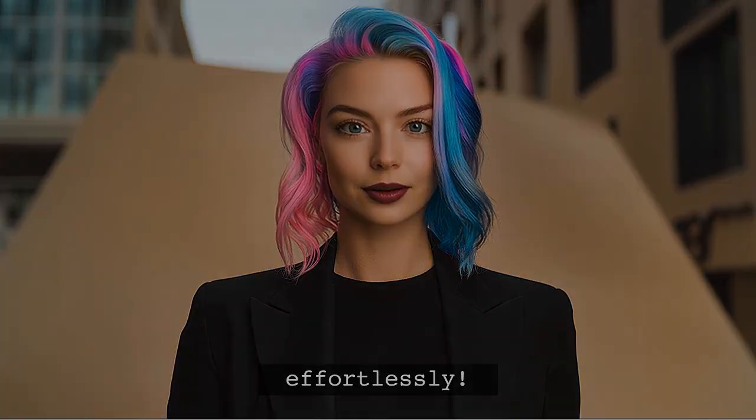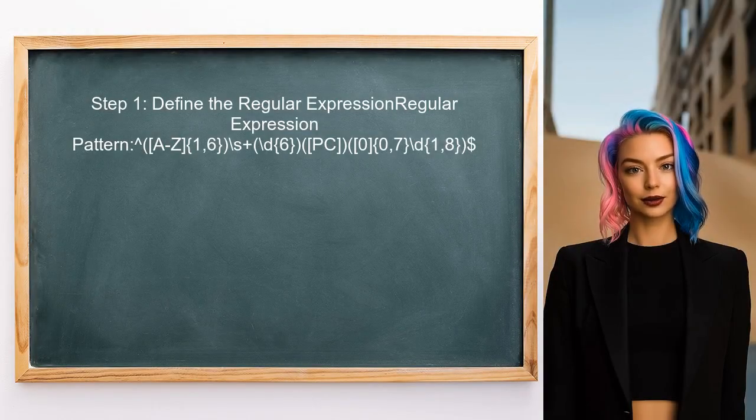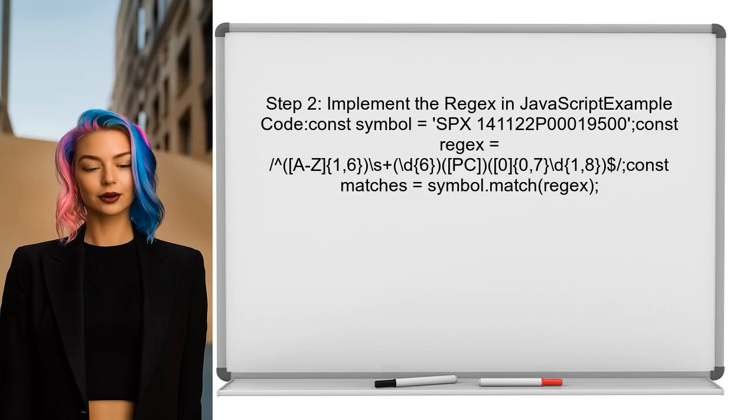these symbols effortlessly. To begin parsing the OCC option symbol, the user should first define a regular expression that captures each part of the symbol. This Regex will help extract the root symbol, expiration date, option type, and strike price. Next, the user should implement this Regex in their JavaScript code. They can use the match method to apply the Regex to the OCC option symbol string.